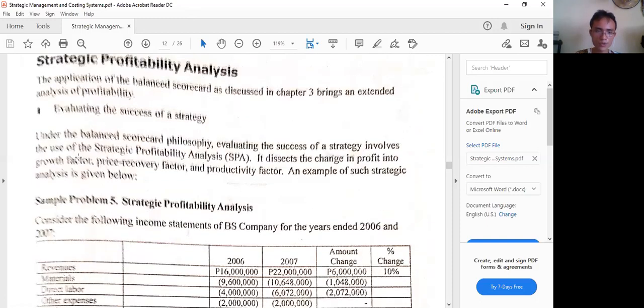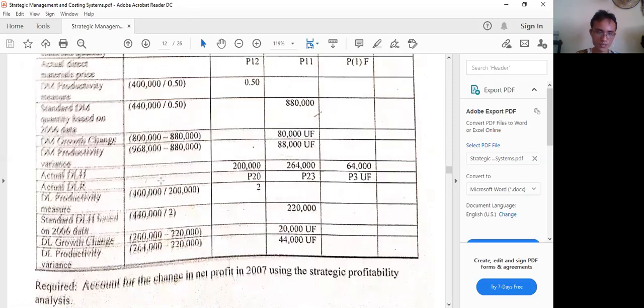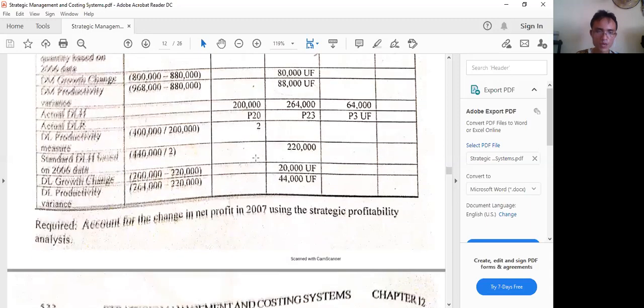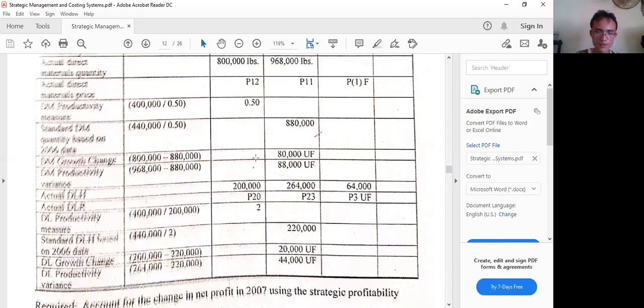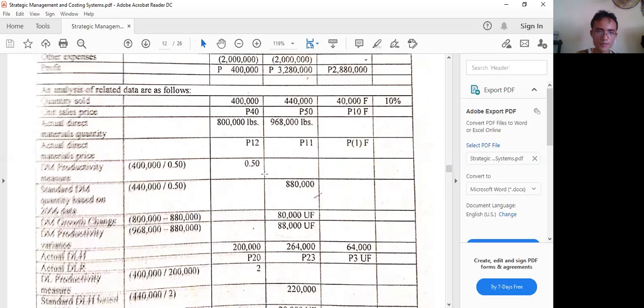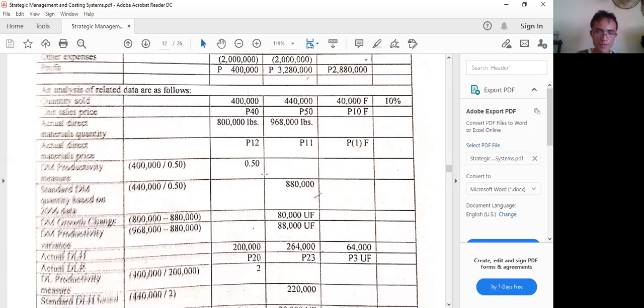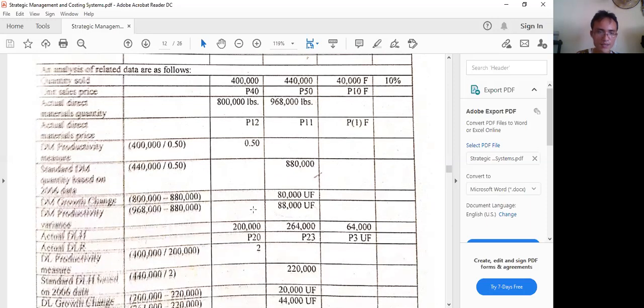So according to growth change and productivity factor, for direct labor productivity measure, that's 400,000 in 2006 divided by the 200,000 direct labor hours. Given item here.